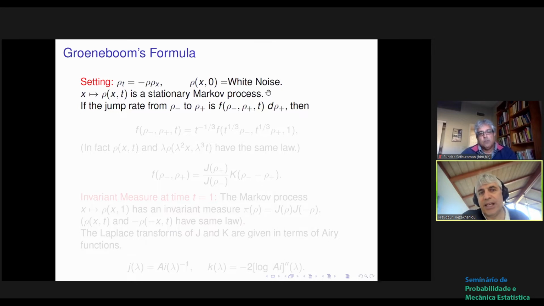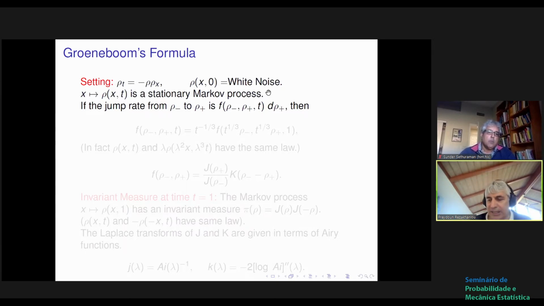And needless to say, since this is Burgers' equation, the jump can only be downward. So rho plus must be less than rho minus. That's the entropy condition. So you make that jump, and the rate at which the jump happens has a density. So the kernel is given by f(rho minus, rho plus, t) d rho plus.